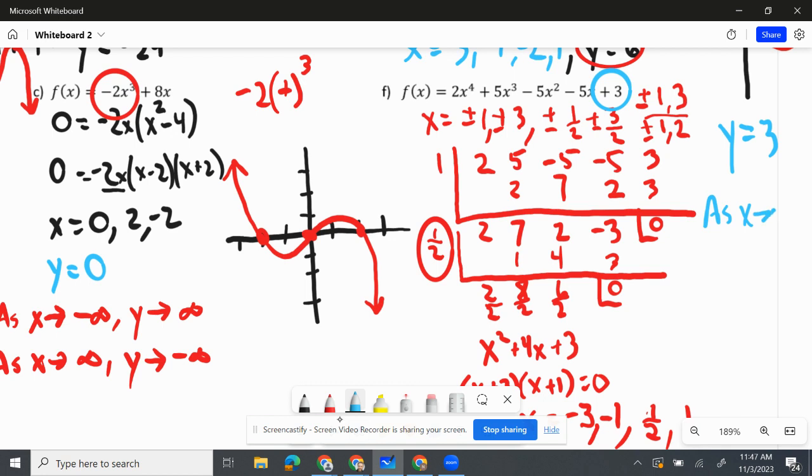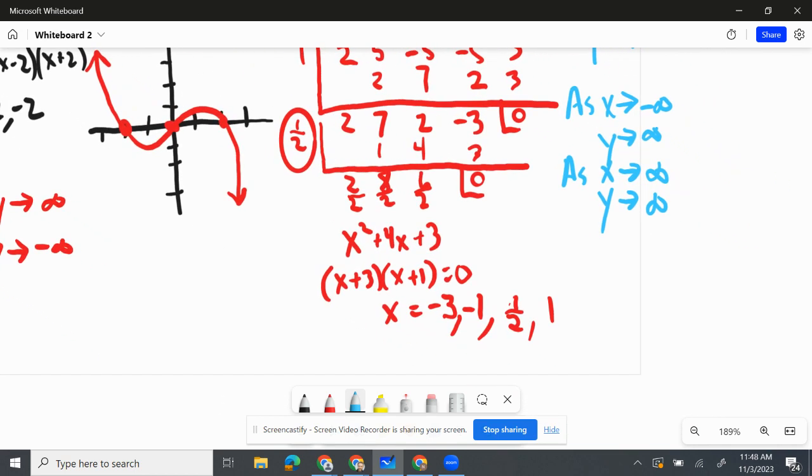As x approaches negative infinity, as x approaches infinity. When I plug in a negative infinity, 4 negatives is a positive. When I plug in a positive, 4 positives is also a positive.